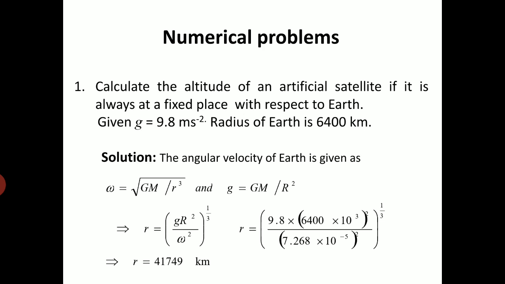Substitute the values. Small g equals 9.8, capital R, the radius of the Earth, is 6400 kilometer. Then omega, the angular velocity, is 7.268 into 10 to the power of minus 5.